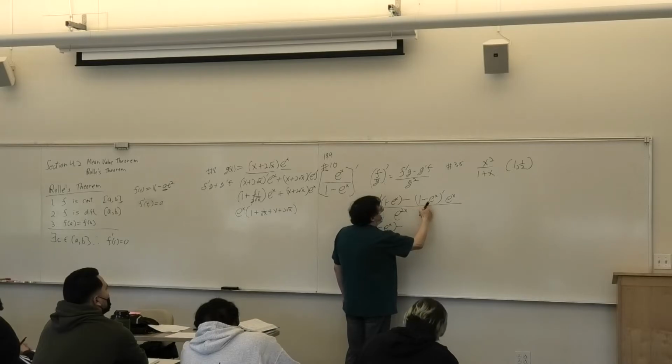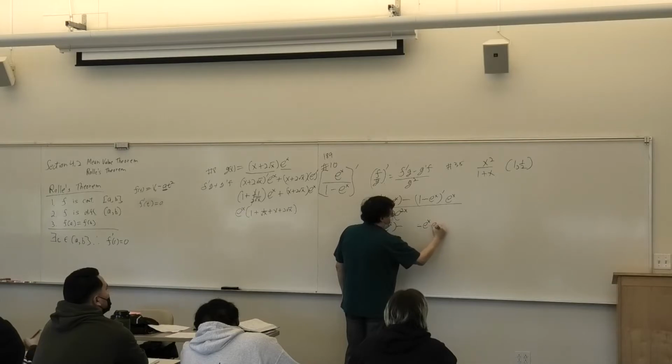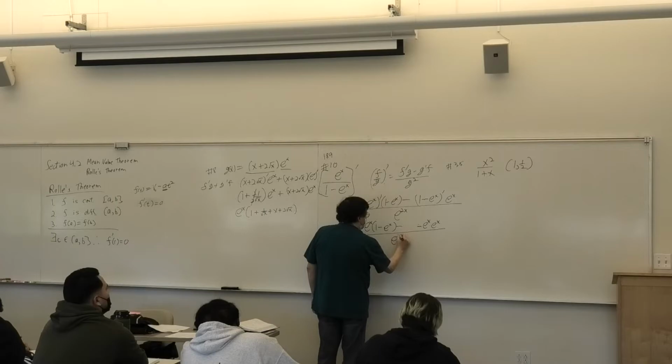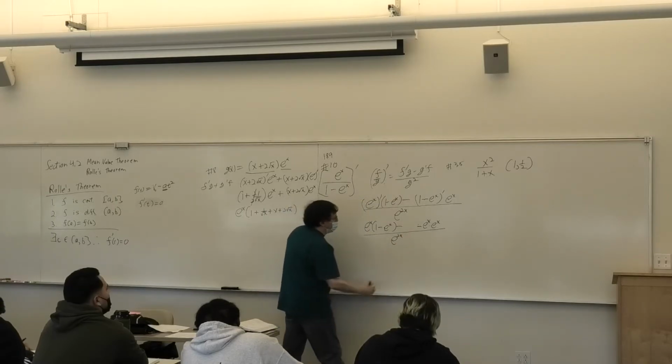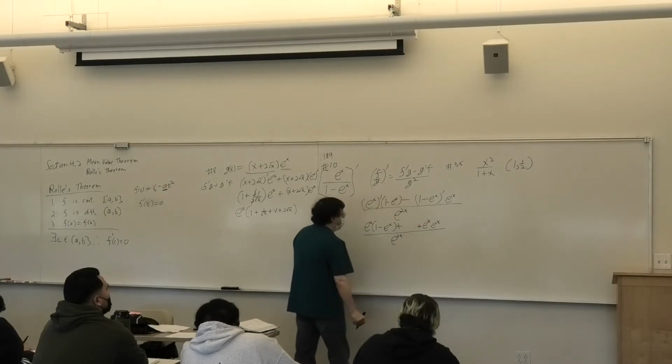The derivative of 1 minus e to the x: well, the derivative of 1 is 0, minus the derivative of e to the x, that's e to the x, times e to the x, e to the 2x. Again, oh, with minus and minus, that's going to be plus.